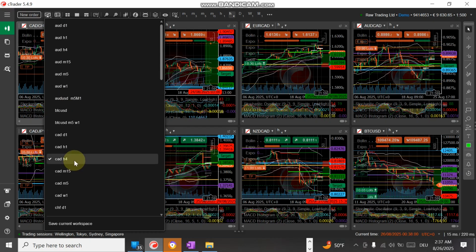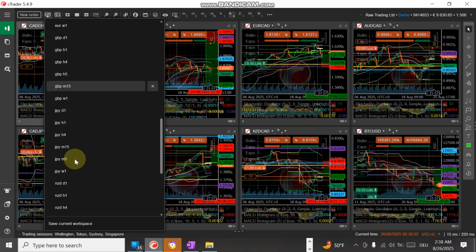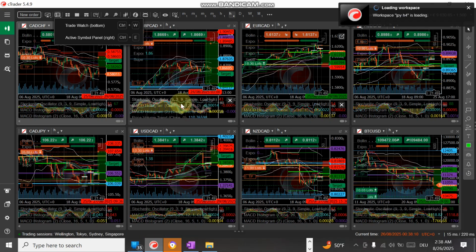Let's go to JPY. I haven't looked at JPY for quite some time. JPY 4 hours. I like 4 hours, because it's a bigger time frame, more money. But I have to look at a lower time frame to make a decision.